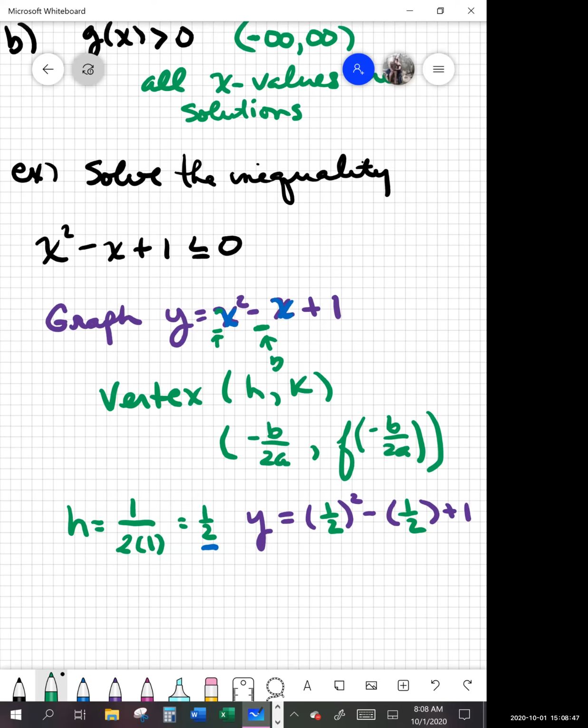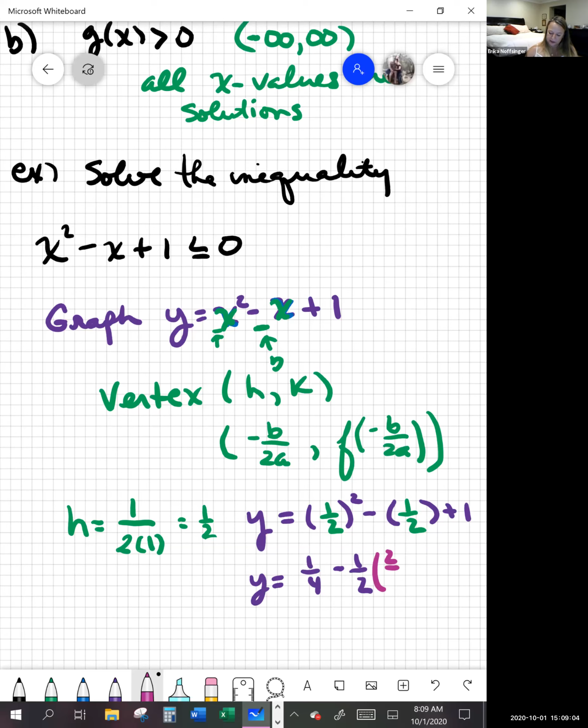So 1/2 squared, 1/2 times 1/2, is 1/4, minus 1/2. I know I'm going to need a common denominator, so let me multiply that by 2 over 2, plus 1, but 1 we can rewrite as 4 over 4.